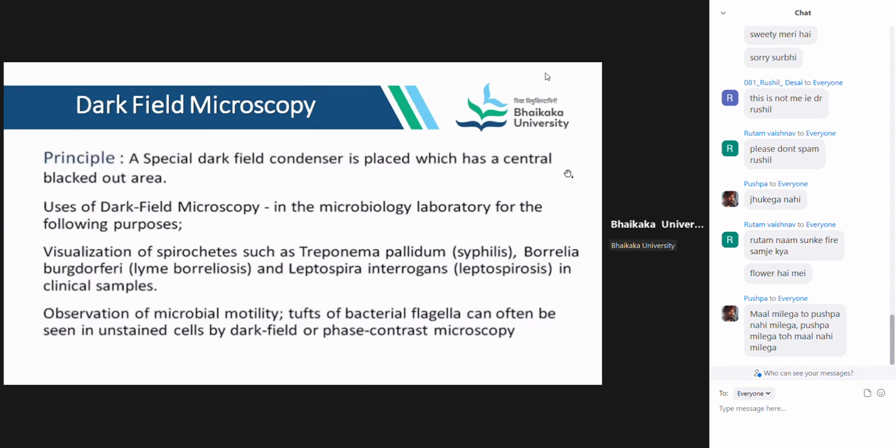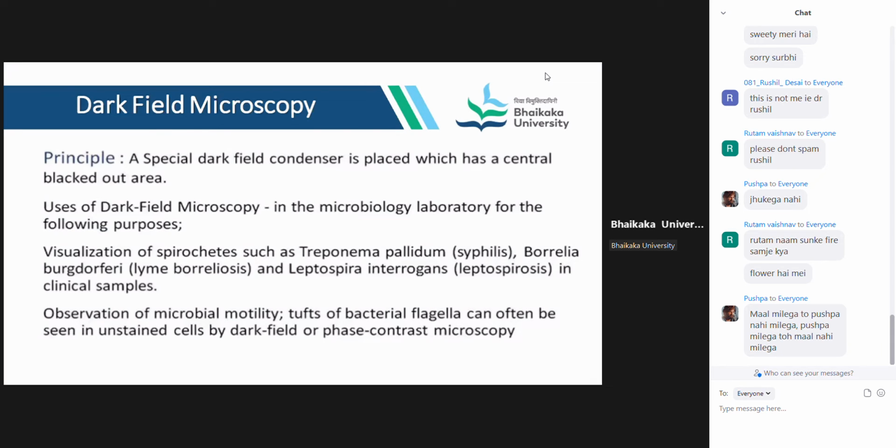Another is the dark field microscopy. The principle is that a special dark field condenser is placed, which has a central blacked out area. Uses of the dark field microscopy in the microbiology laboratory are especially for the visualization of spirochetes such as Treponema pallidum, which is causative for syphilis, Borrelia burgdorferi, which is causative for Lyme borreliosis, and Leptospira interrogans, which causes leptospirosis, in clinical samples.